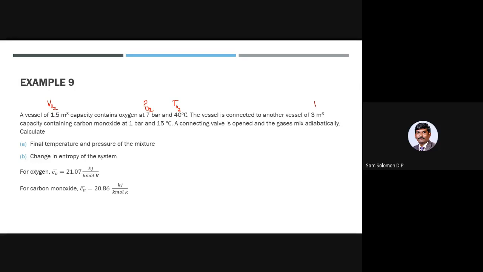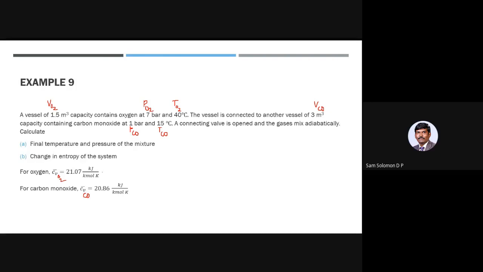Then the volume of the carbon monoxide, the pressure of carbon monoxide, and the temperature of carbon monoxide. And they have given you the CV of oxygen and the CV of carbon monoxide. These are all the given values.